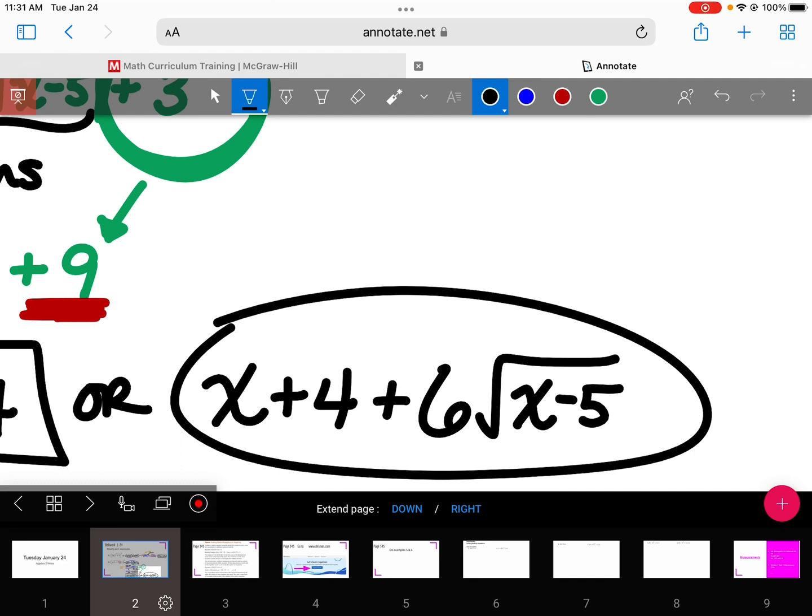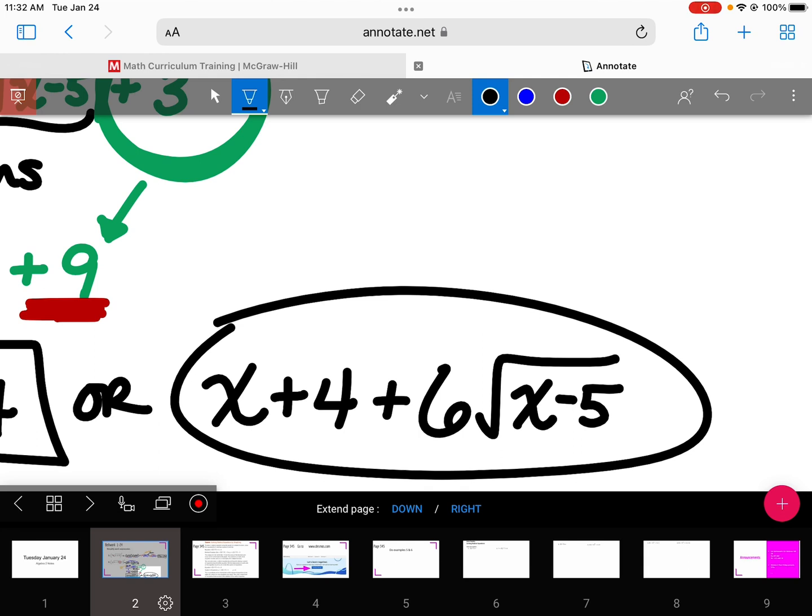In order to use my graphing software to help me solve this, I'm going to take everything on the left-hand side of the equal sign. I'm going to put it up here with a y equals it. Y equals square root of x plus 6 minus 5.